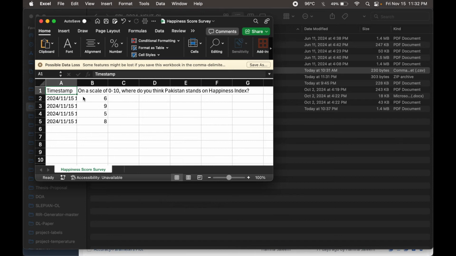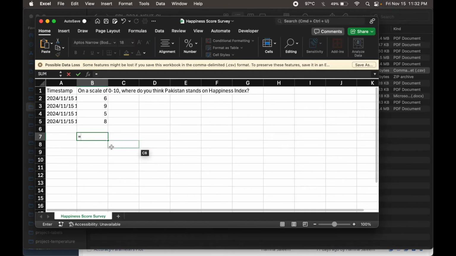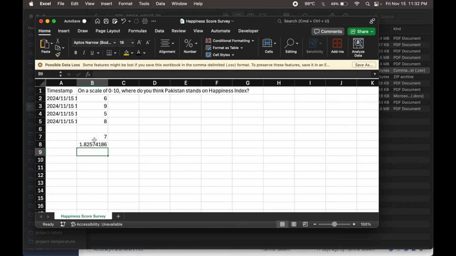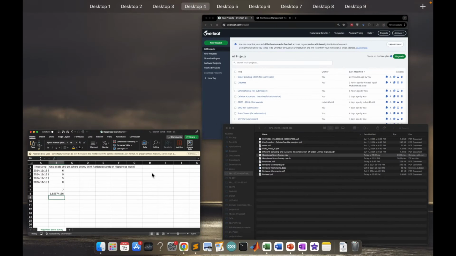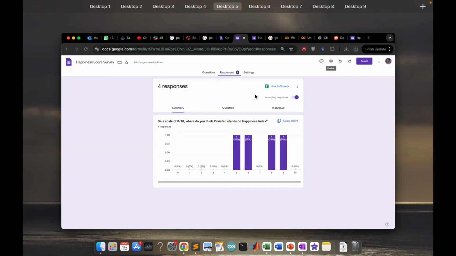And once you have the CSV, this is what their responses look like, right? And it's okay to go ahead and compute your average right at the end. So this right away tells me my average is 7, and might as well compute my standard deviation also. I'll use the sample standard deviation because these are samples, right? And this is 1.82, right? It's 7 and 1.8257. That's okay.